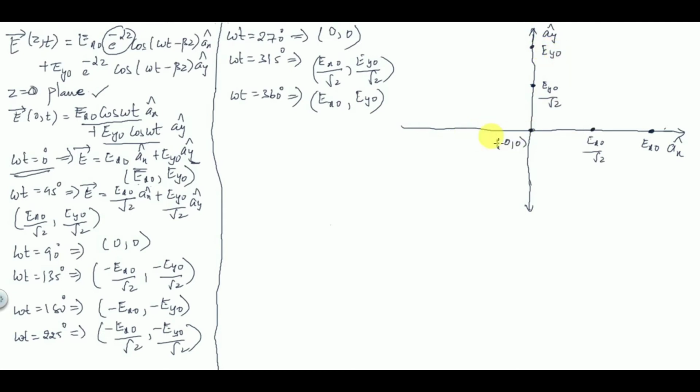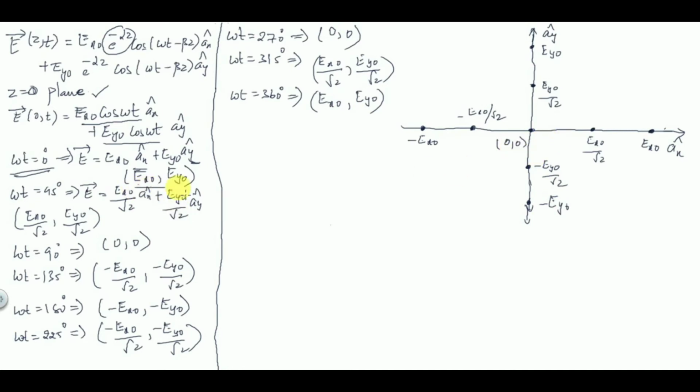If this is Ex naught by root 2, then this will be minus Ex naught by root 2, and so this will be minus Ex naught. Similarly, here it will be minus Ey naught by root 2, and here minus Ey naught, because these are the possible points we are getting.